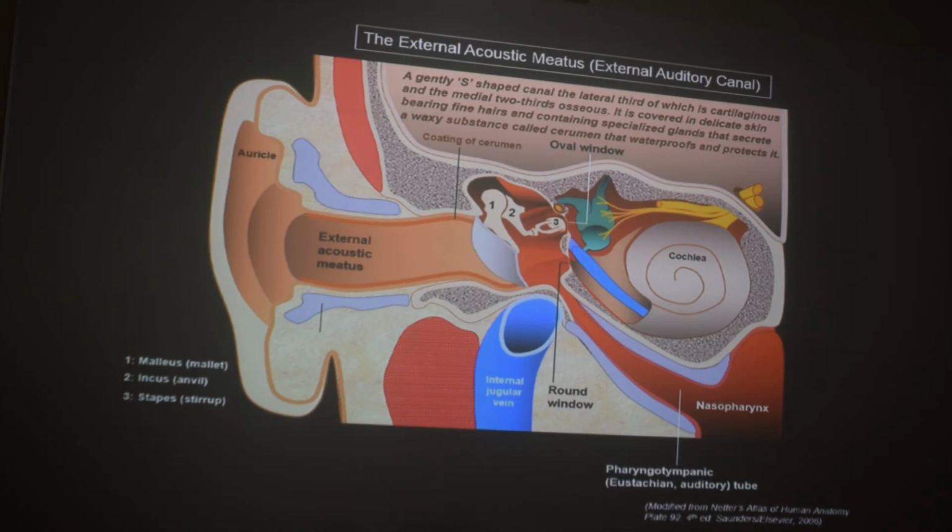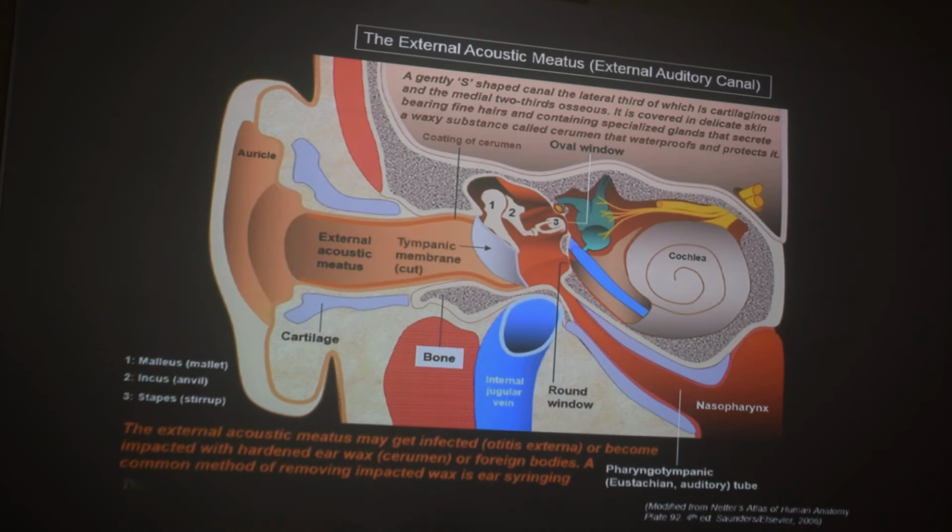So to see the tympanic membrane, you need to pull the auricle up and backward. Usually the external auditory meatus is a little bit curvy, and that's why you need to make it straight by pulling the ear upward and backward.